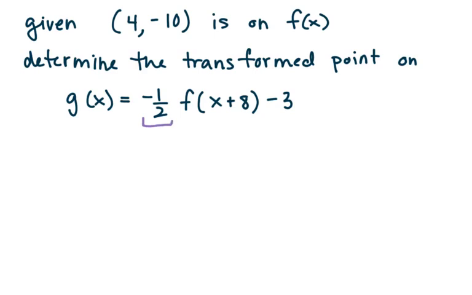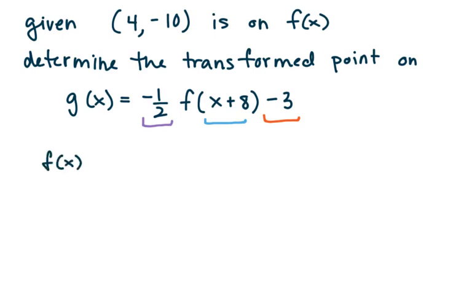Thinking about your transformations, -1/2 and -3 are occurring on the outside, which means they affect the y value. And x plus 8 is occurring inside the parentheses, which means it affects x, and it does the opposite of what we expect.